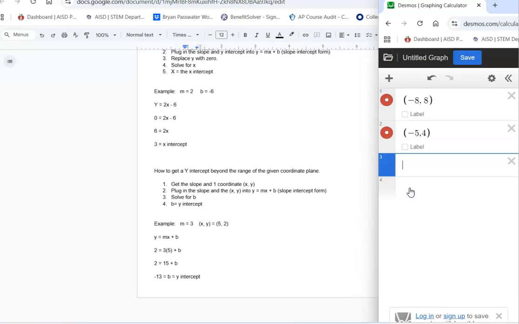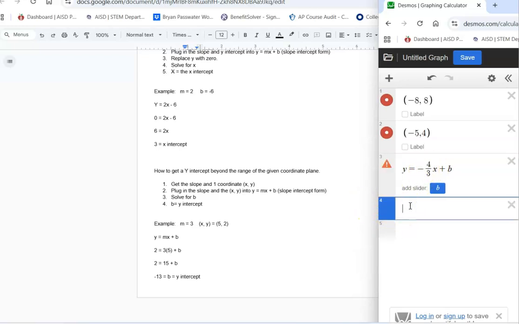All right, so I got the slope. The slope was -4/3, and it was x plus b, because we don't know what b is. We're going to solve for it. Step one is get the slope and one coordinate. I already plugged in the slope. Now I'm going to plug in one of the coordinates.